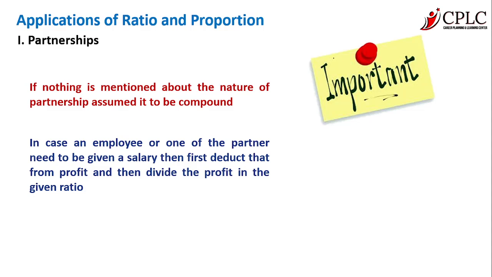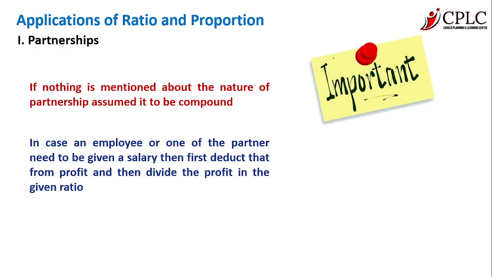Hence the note: in case an employee or one of the partners is supposed to be given a salary, then first we have to subtract that from the overall profit, and then divide the remaining profit in the desired ratio.